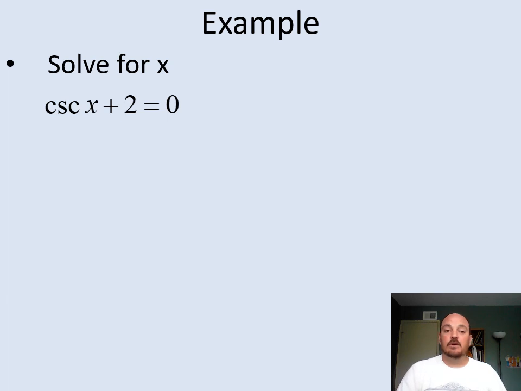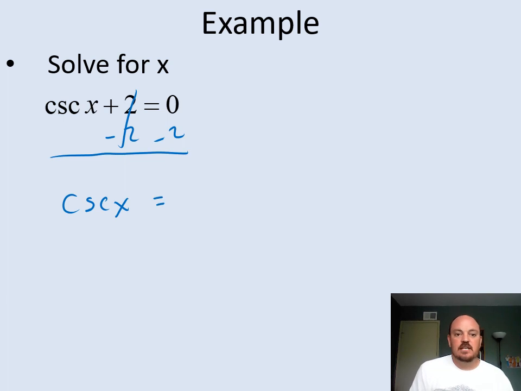So here's our first example for today. We are going to solve for x. Cosecant x plus 2 equals 0. And notice I didn't give any extra directions. So what we said is, number 1, we're giving all solutions. And number 2, we're going to go ahead and use radians. But before we get to that part, let's do the actual solving. So step 1 is isolate. In order to isolate for this one, I would need to subtract 2 from each side.